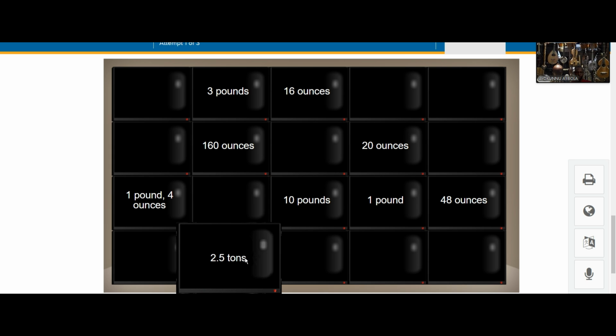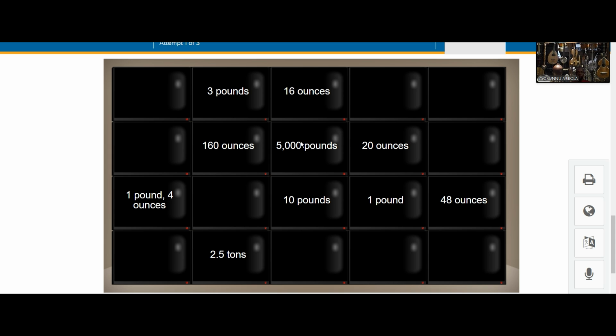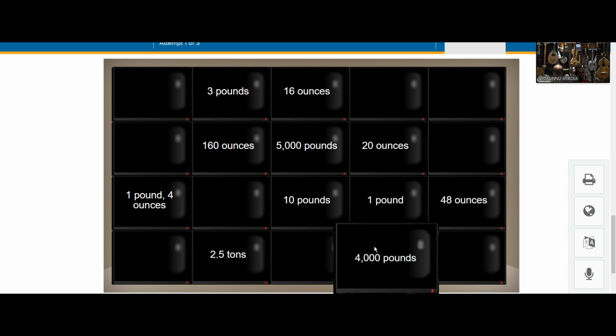2.5 tons. If we're taking it to pounds, that would be times 2,000. I think we've seen that before, 5,000 pounds. So 2.5 times 2,000 is 5,000, so it should be somewhere here.